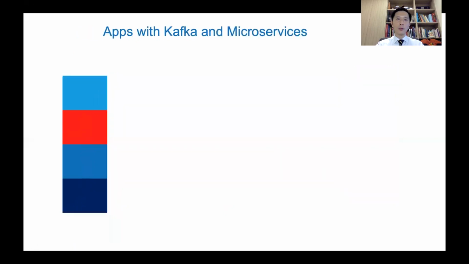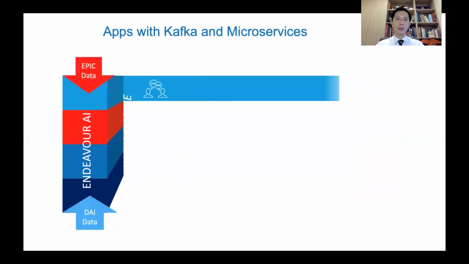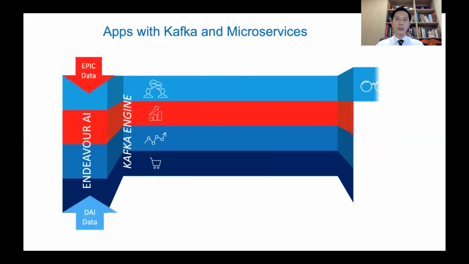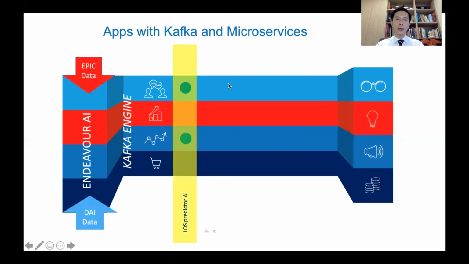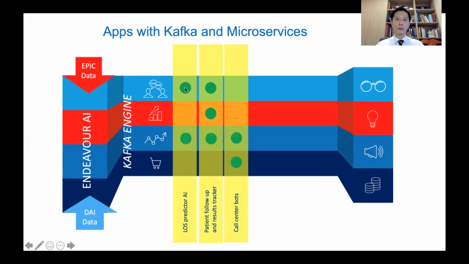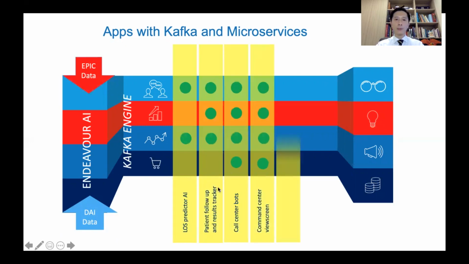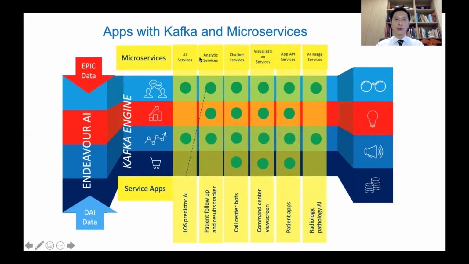Now, this is built on a container-based microservices architecture. You can see here that the stream data is subscribed by various microservices. For example, we have microservices that do AI services that we've mentioned earlier, chatbot services that we've built, and image services, so the ability for AI to read certain images.